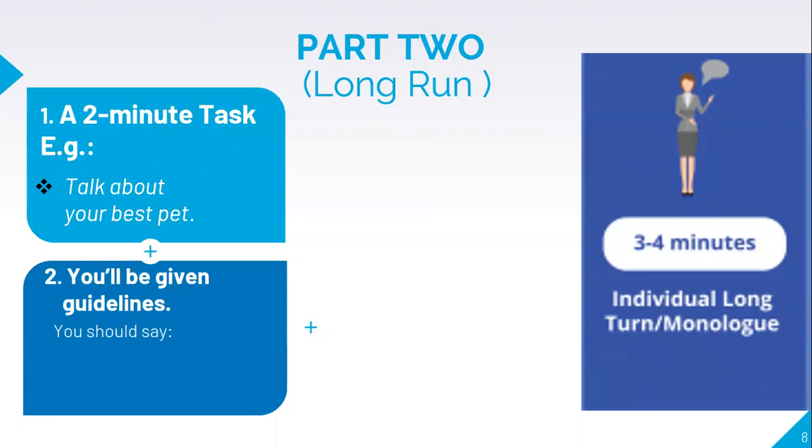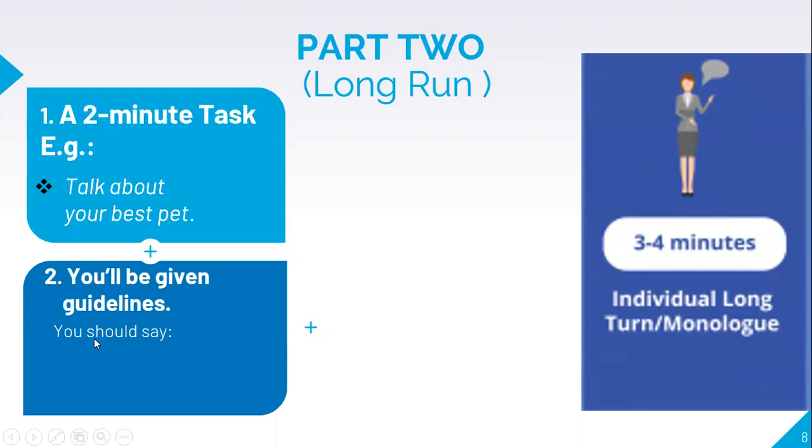Guidelines as regards what you have to say and what you needn't say. But basically, it is what you are expected to say, which if you don't say, you risk losing marks. Okay, so whatever they give you in the form of guidelines, kindly make sure that they all feature in your speech.